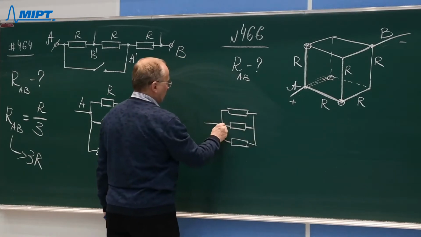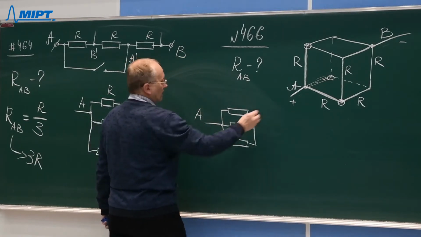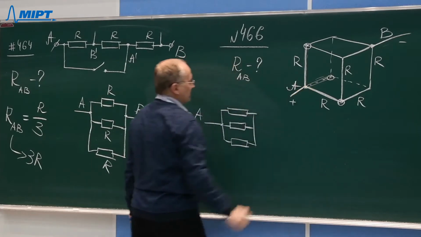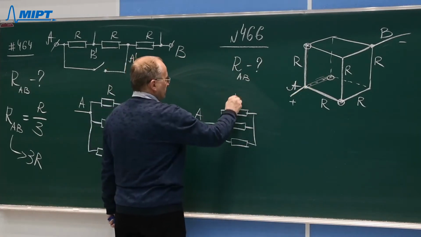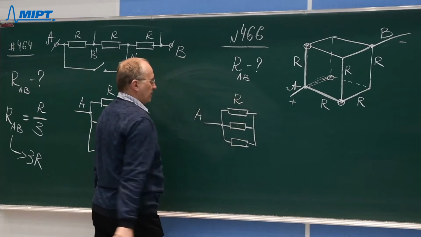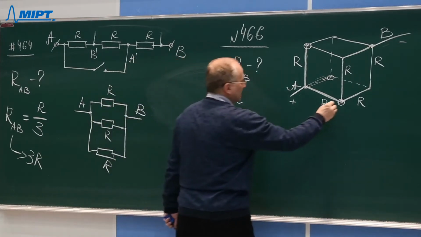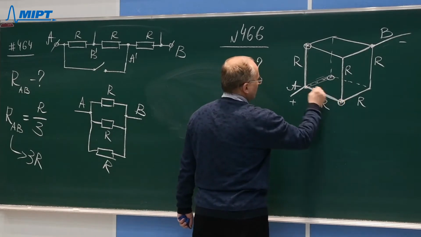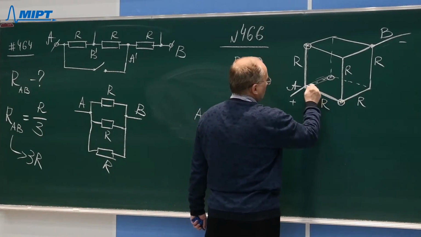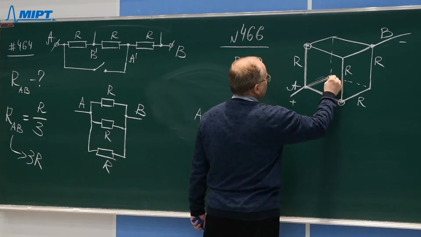And this is point A, starting at this point. All the resistors are equal to R, all of them are identical, and the opposite end of each section will have the same potential.